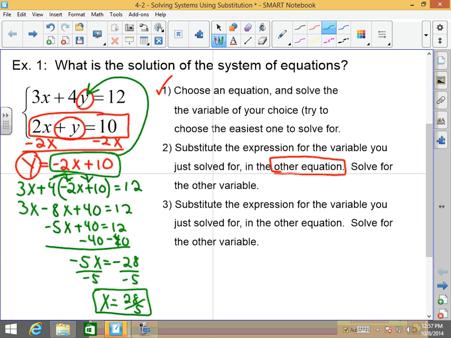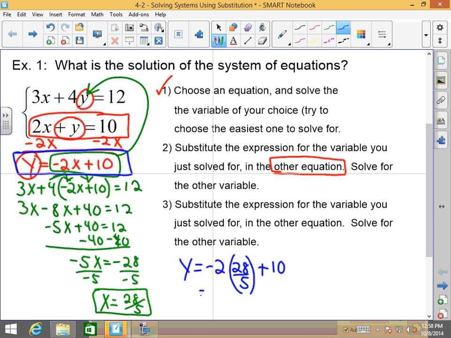Okay, so now that we have this x value here, we're going to plug it into the equation that we originally solved for, the y equals negative 2x plus 10, because we know what x is now. So y equals negative 2 times x, which is 28 fifths, plus 10.